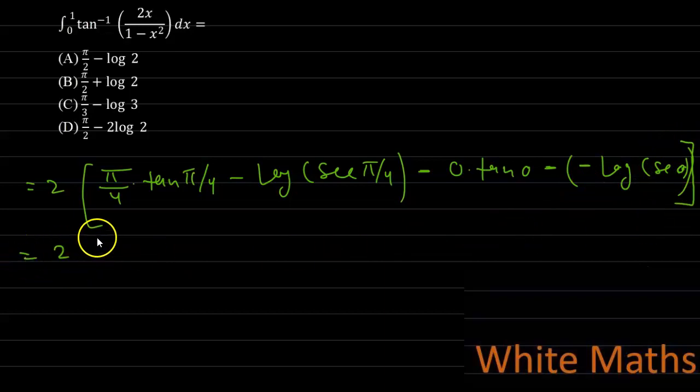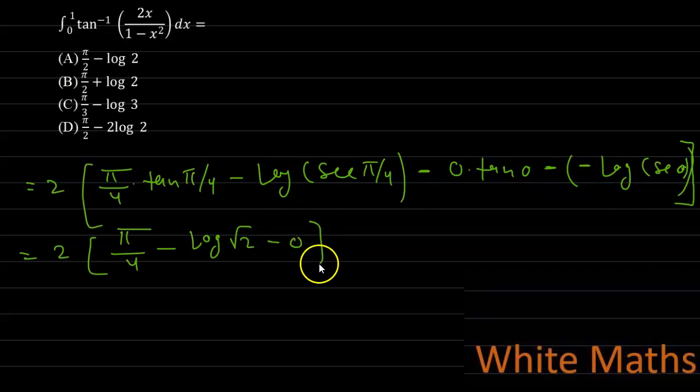The value of tan pi by 4 is 1. So 1 multiplied by pi by 4 is pi by 4, minus the value of sec pi by 4 is root 2, so it is log root 2, minus this is 0, and the value of sec 0 is 1, and the value of log 1 is 0. So this will become completely 0 minus 0.